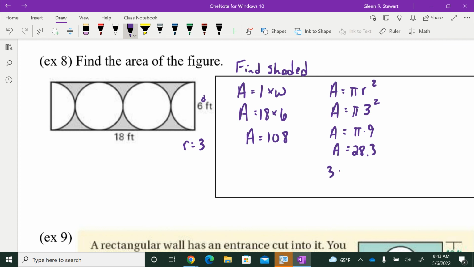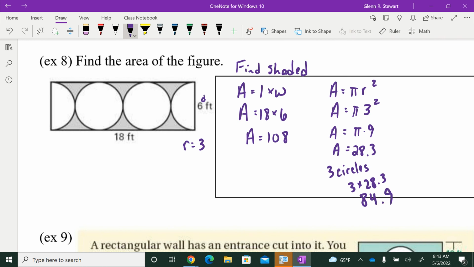And then we have 3 circles. Three times that would be 84.9.